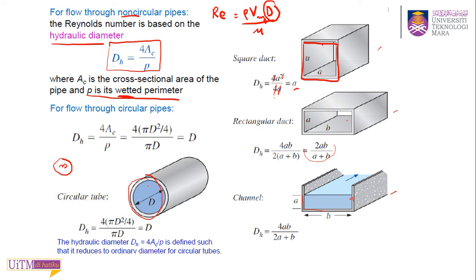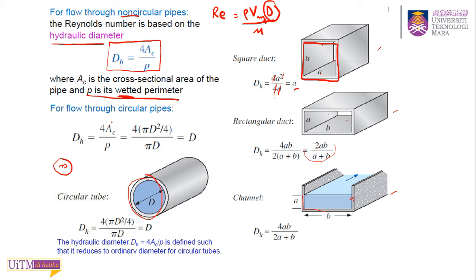So whenever you see a problem, whenever they ask you to calculate the Reynolds number, make sure you know the geometry of the pipe. If they say pipe, normally it's circular. Pipes are always circular. But if they mention duct, then it's not circular, and they will say whether it's rectangular or square. They will always describe the conduit, whether it's a pipe or a duct.